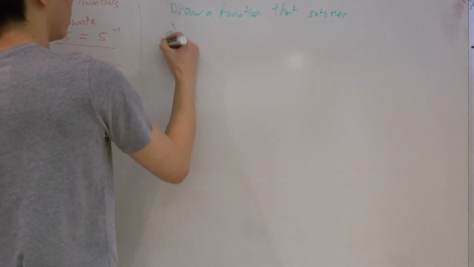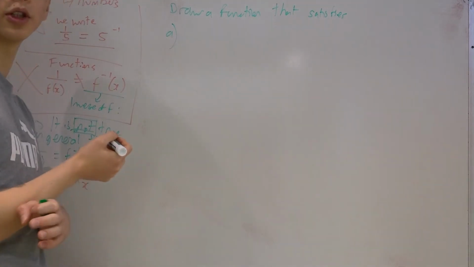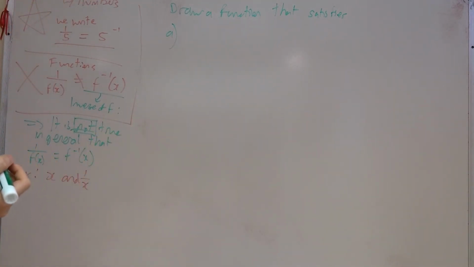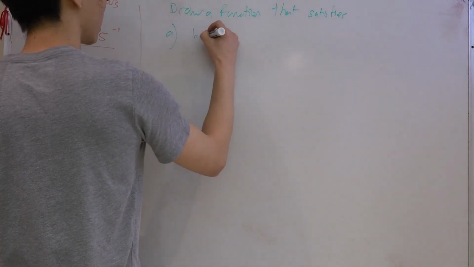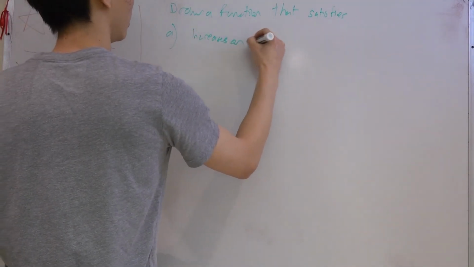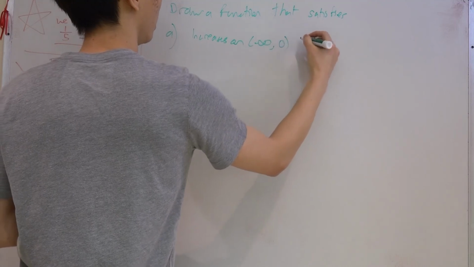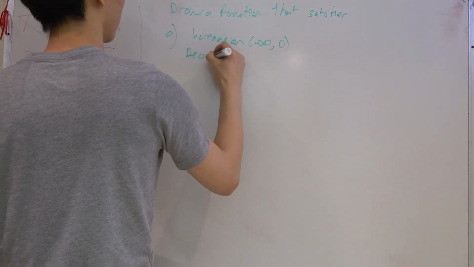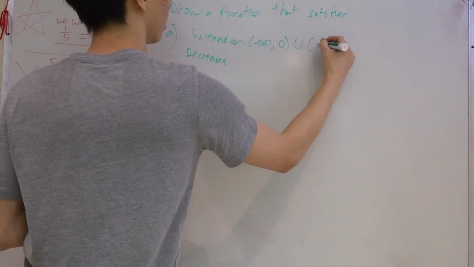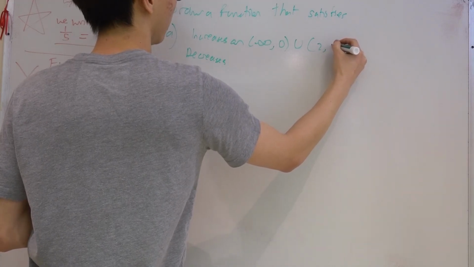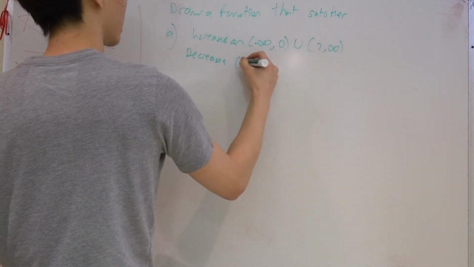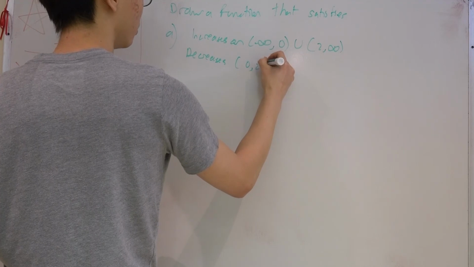And part A is going to look more or less similar to what we had in unit 1. So let's do something that increases on negative infinity to 0, union 2 to infinity, and decreases on 0 to 2.